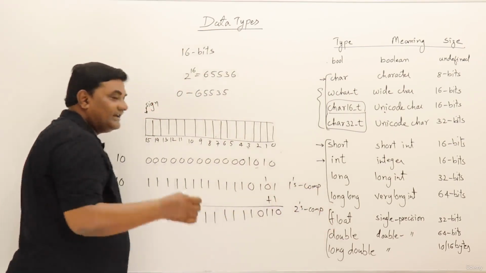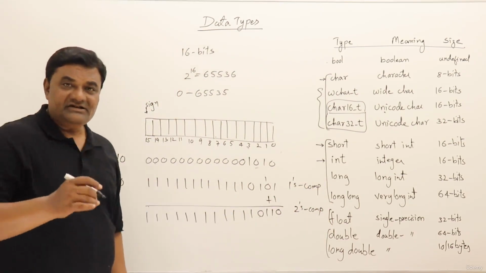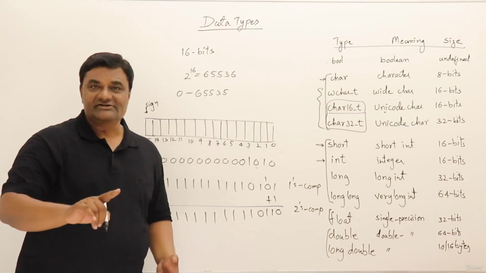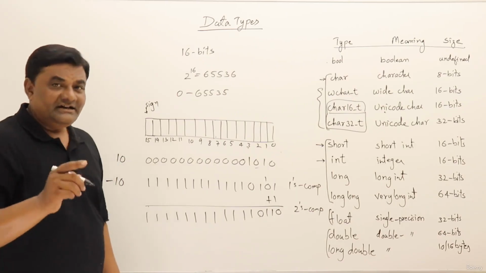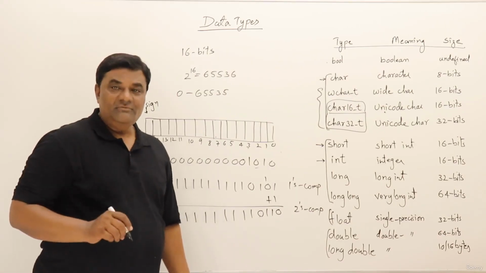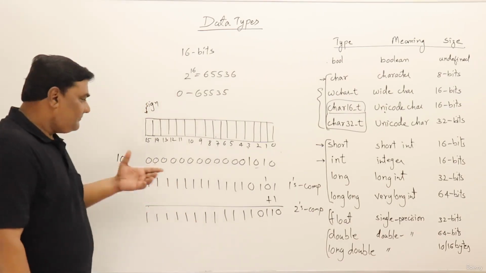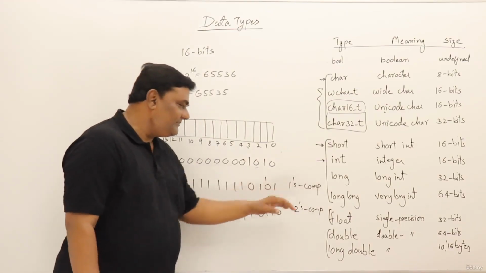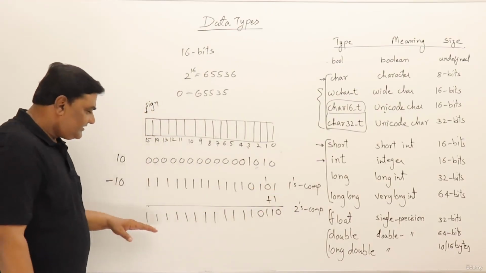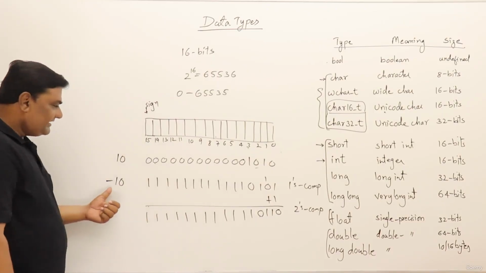So yes, the negative numbers in a language, it is common for any programming language, not just C++. For every programming language, this is a common thing. A negative number is stored in 2's complement form. So what is 2's complement form? The binary form of a number is complemented, so that is 1's complement, plus 1 is added to it, so it becomes 2's complement. So this is minus 10.